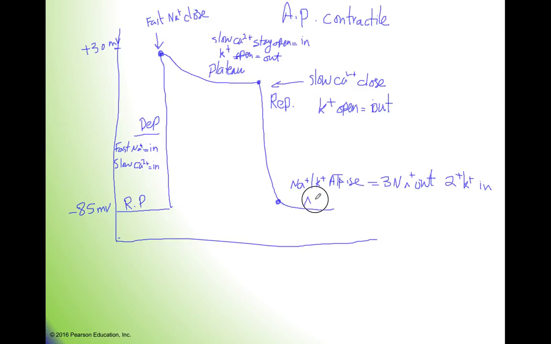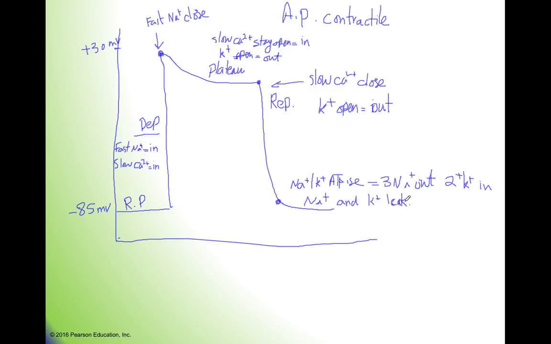And you also had, again, your leakage channels, sodium and potassium leak channels that are going to help you maintain your resting membrane potential. So the steps that are involved in this, I'm going to repeat one more time.